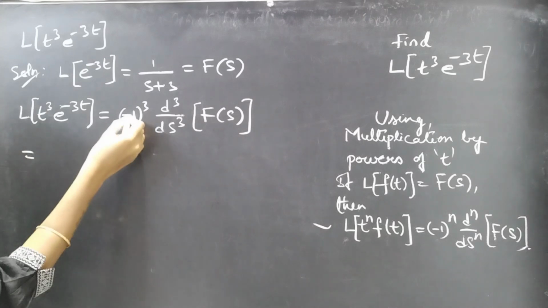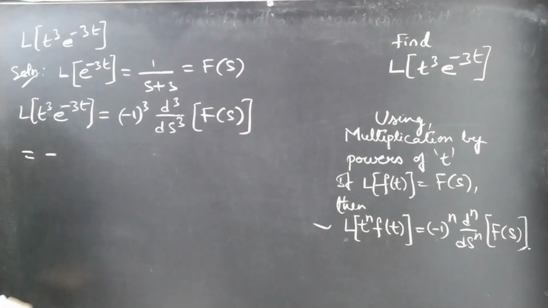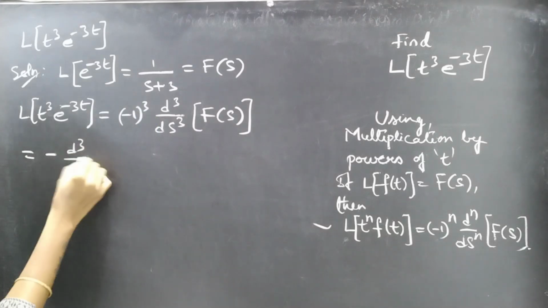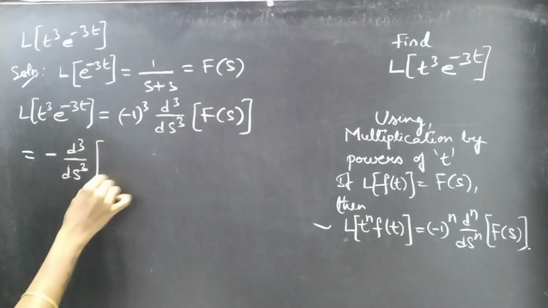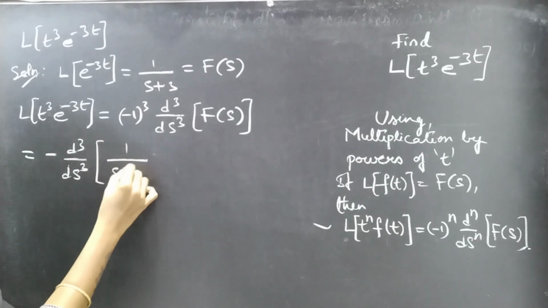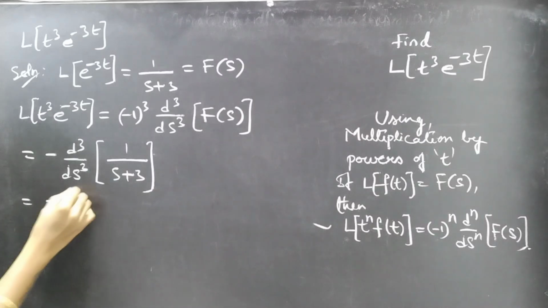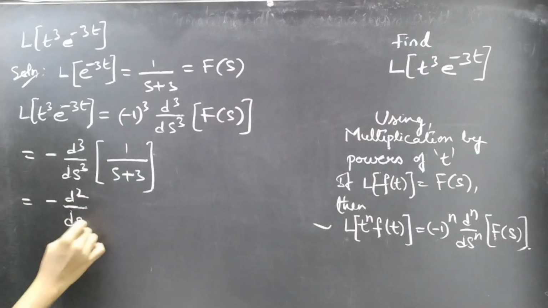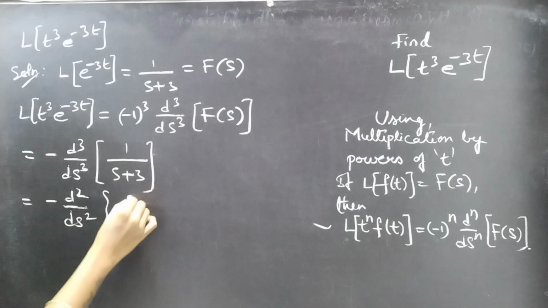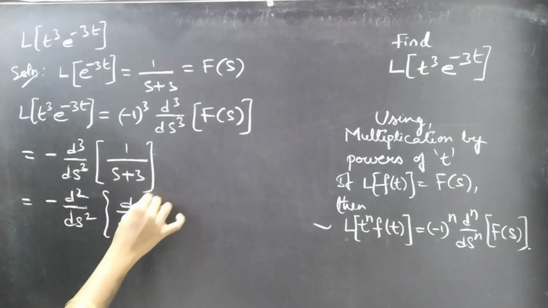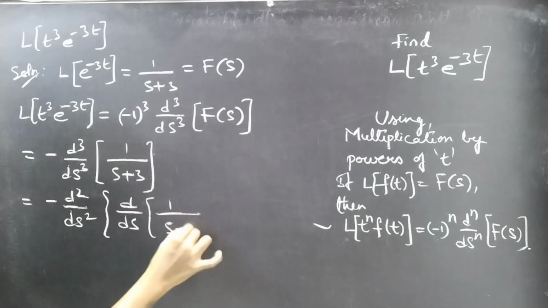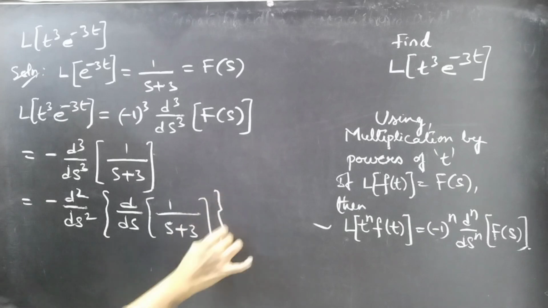This gives us minus 1 whole cube is minus d cube by ds cube of 1 by s plus 3. Or we can write this as minus d square by ds square of d by ds of 1 by s plus 3.